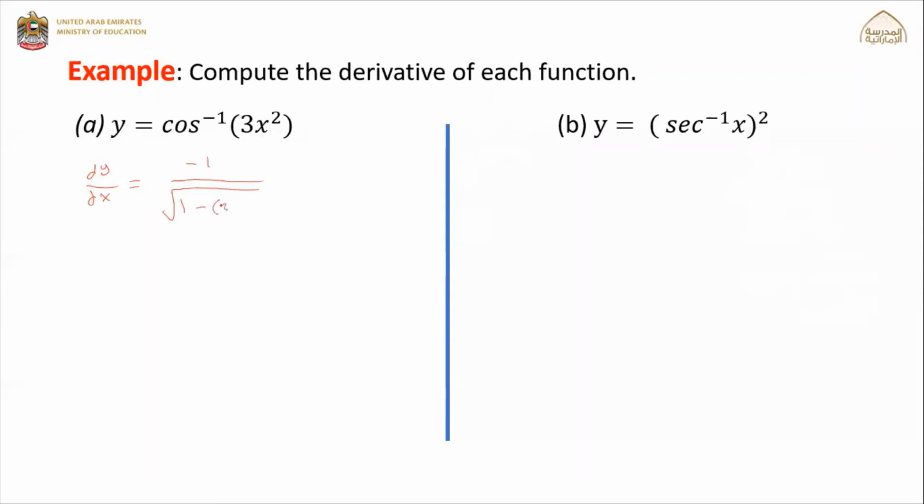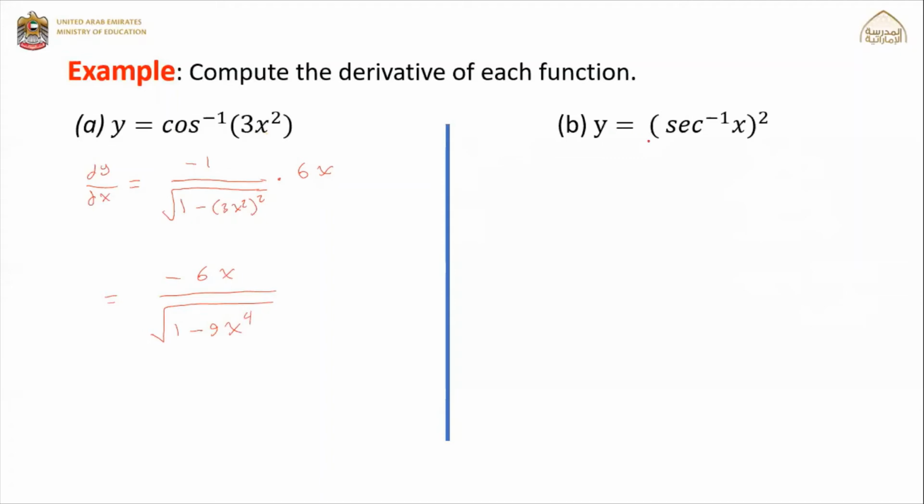The angle here, it's a 3x squared, so 3x squared times derivative of 3x squared, it's 6x. So the final result is -6x over radical 1 minus 3x squared, it's 9x to the power 4.